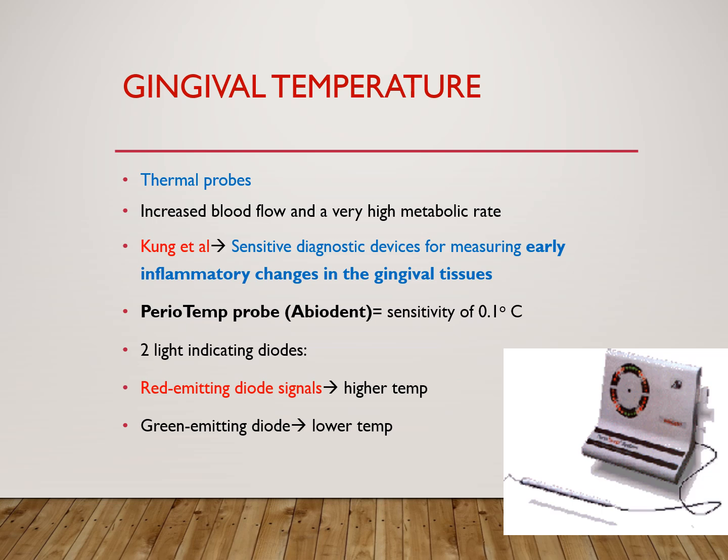This probe is inserted into the subgingival area, and it has two light emitting diodes. Once inserted into the area, if the red emitting diode signals, it implies that the temperature is high, and if the green emitting diode signals, it implies that the temperature is low.